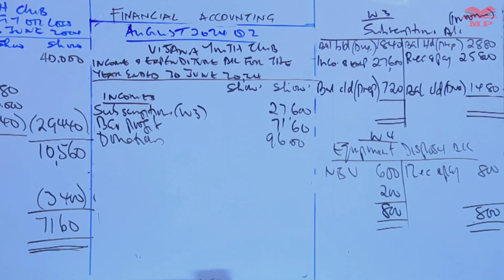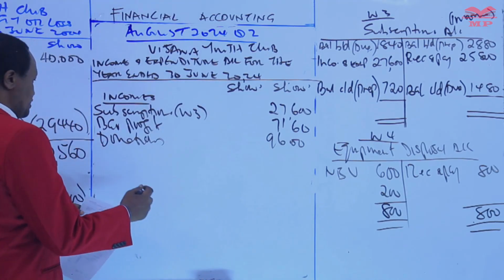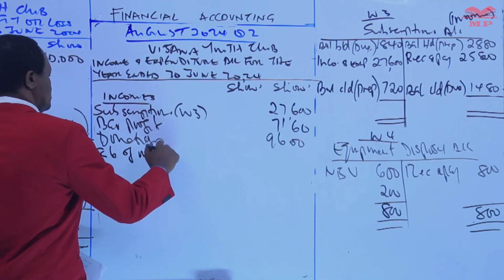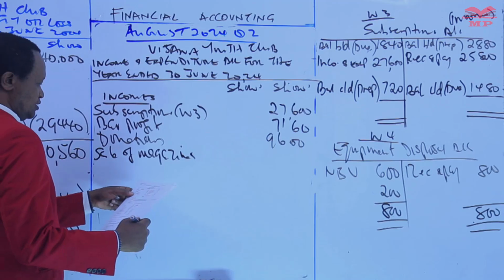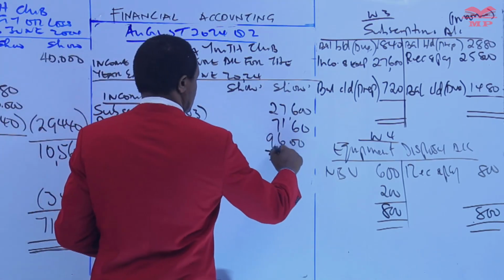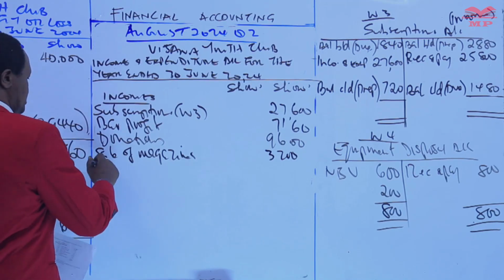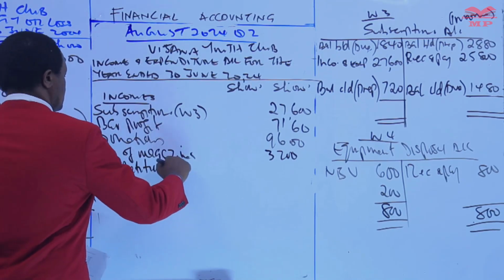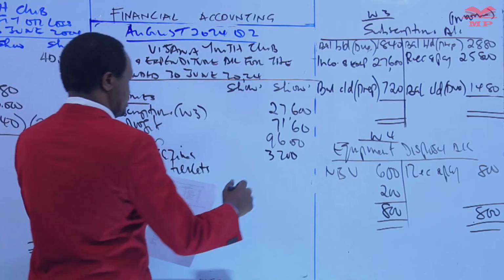So we record the two as they appear there. Sale of magazines, 3.2 million. Then we have competition tickets, 7.2 million.